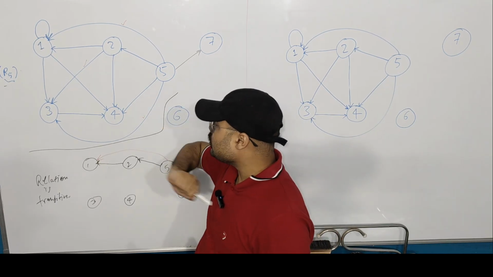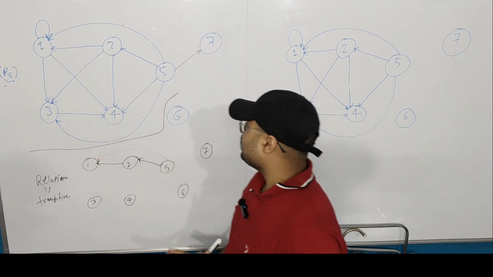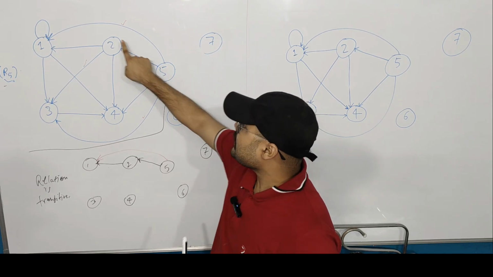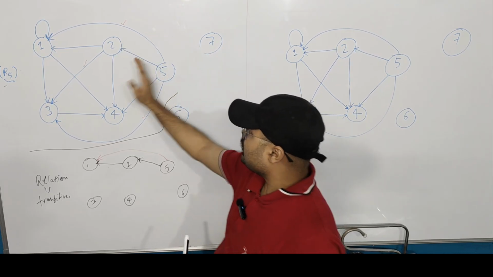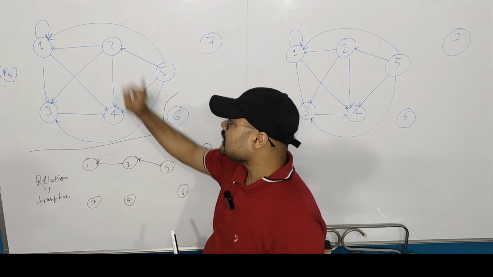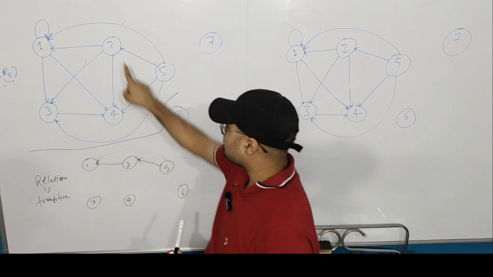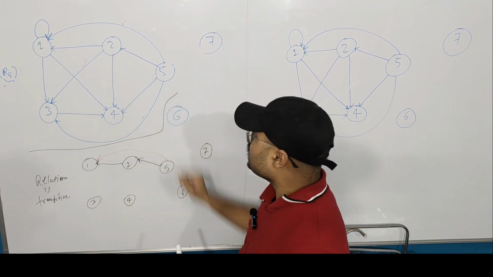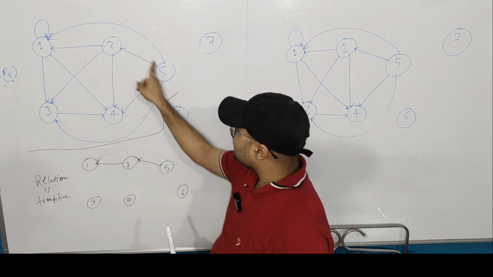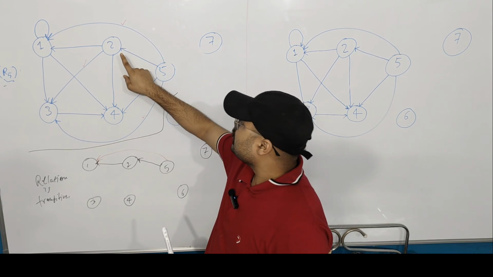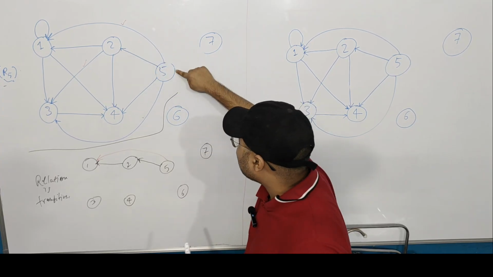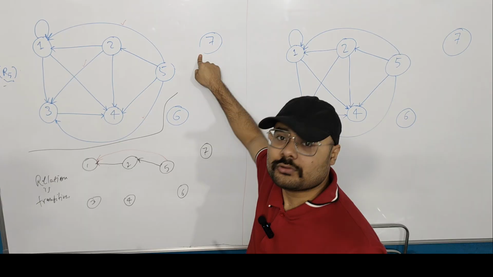But if you look at 2, let's say this edge is not here now, but if you add an edge from 2 to 7, you look at 2 to see if there is any incoming edge to 2 or not. Yes, there is an incoming edge to 2. It means from whichever node the incoming edge is coming, if 2 is connected to 7, then a transitive edge has to follow from 5 to 7 also.